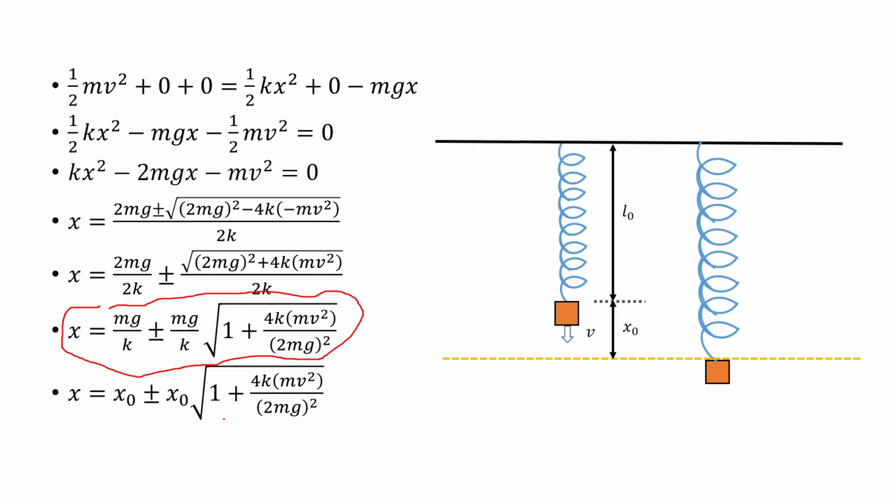Now if we notice the second part of this equation, this value plus minus x naught is the amplitude, and the block will oscillate about this equilibrium position x naught, plus a as well as minus a. So we can say that this value is the amplitude a.